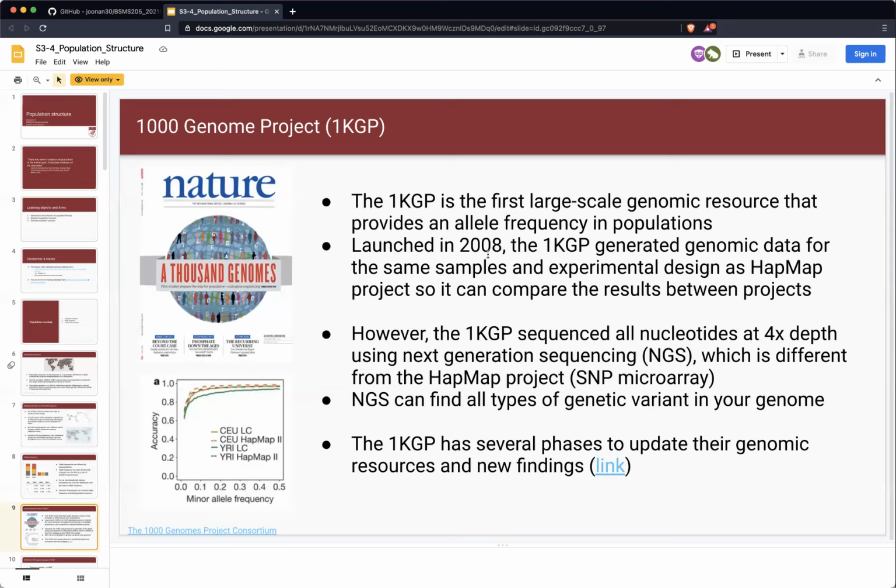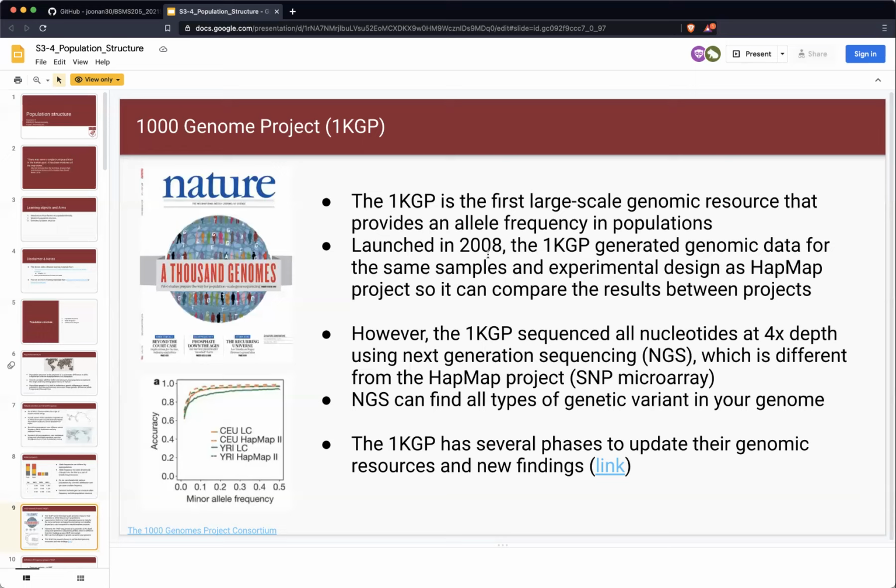In this case, they don't use the microarray technology used in the HapMap project, but now they use next generation sequencing, because people at the time were able to get access to the latest technology, which is genome sequencing, looking at one base pair resolution rather than the microarray type.